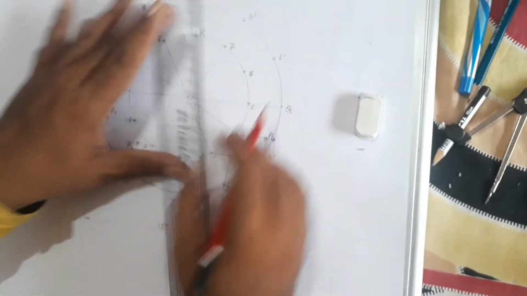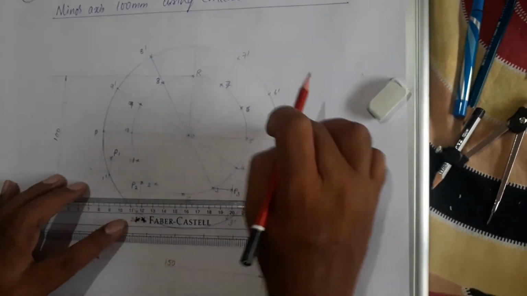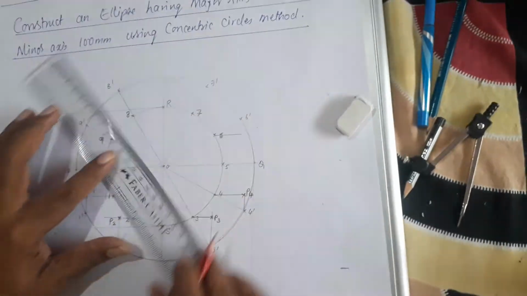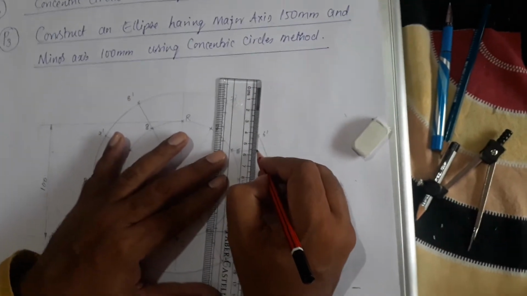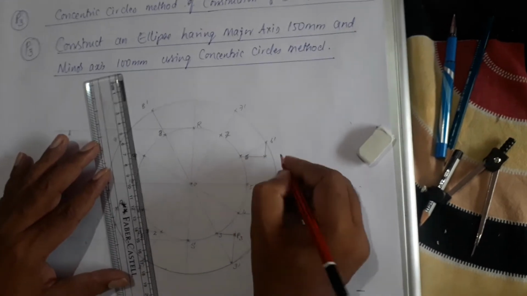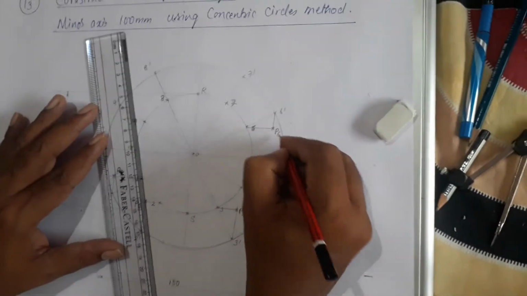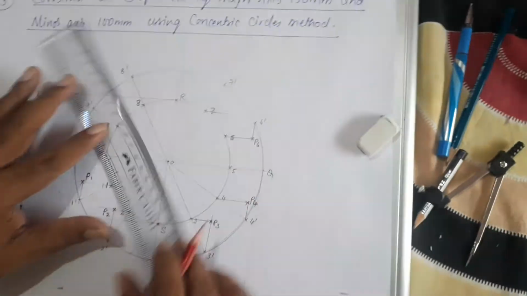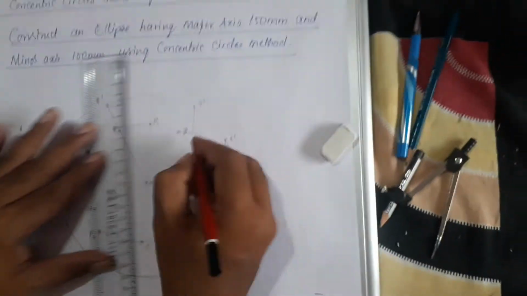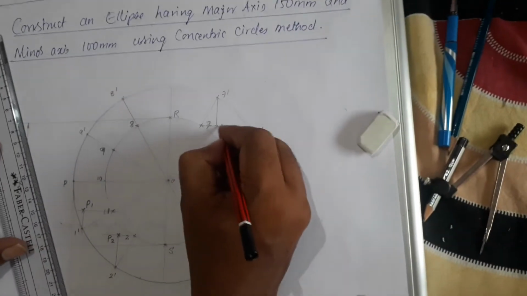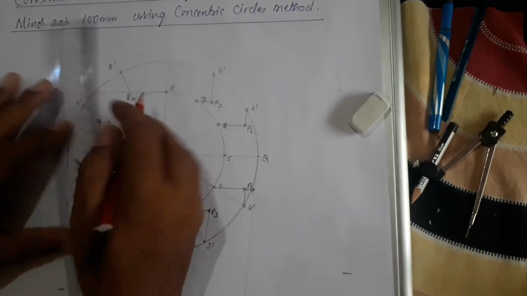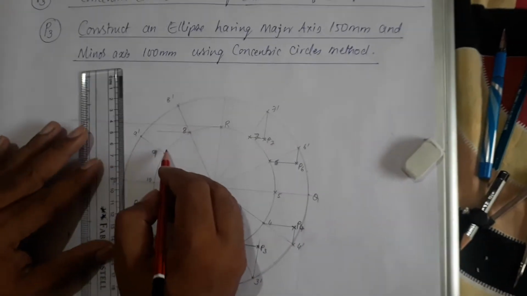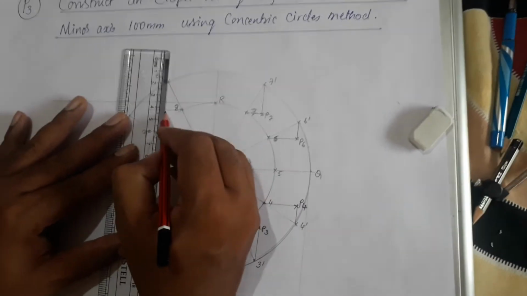From 6, draw a horizontal line, and from 6 dash, a vertical line. Call this P6. From 7, draw a horizontal line, and from 7 dash, a vertical line. This is P7. From 8, draw a horizontal line, and from 8 dash, a vertical line.